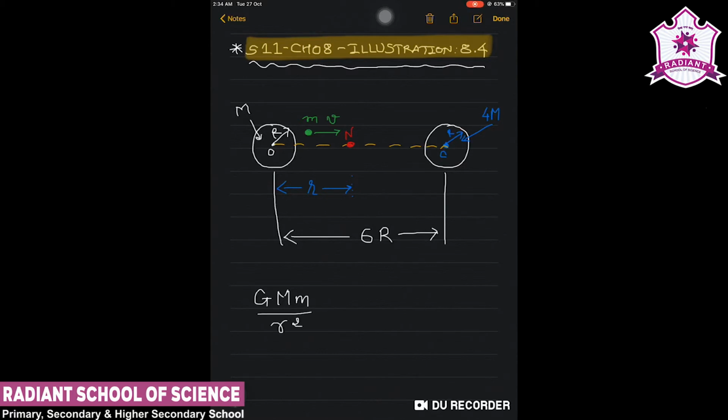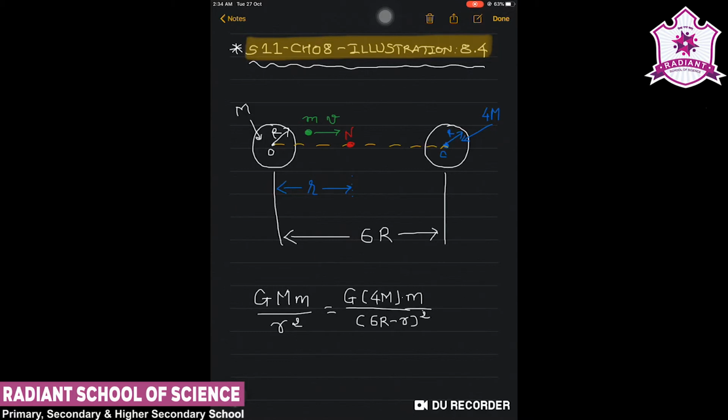But as we know, at that point the object gets a net neutral force, that means the force due to the right side sphere, that is of mass 4M, on point N is also given by G 4M m over (6R minus r) whole square.